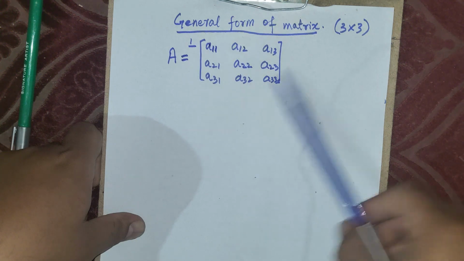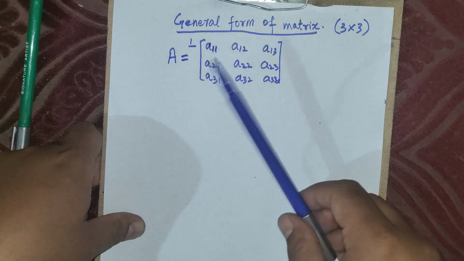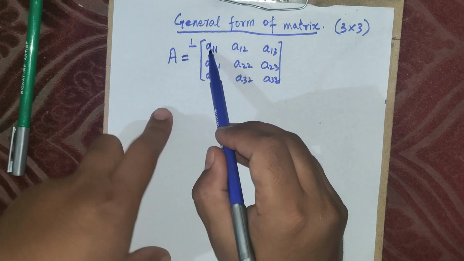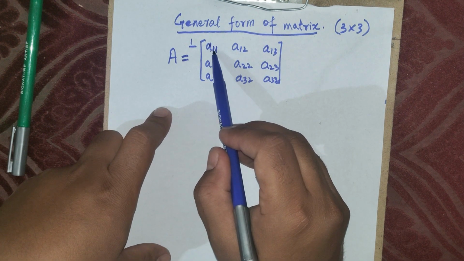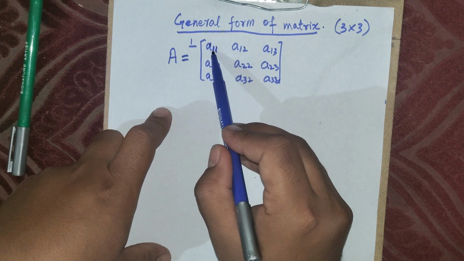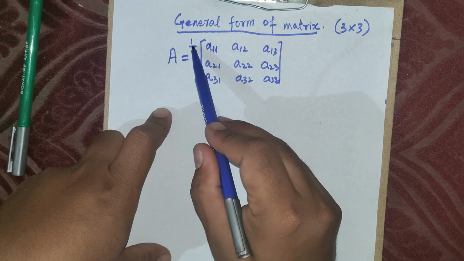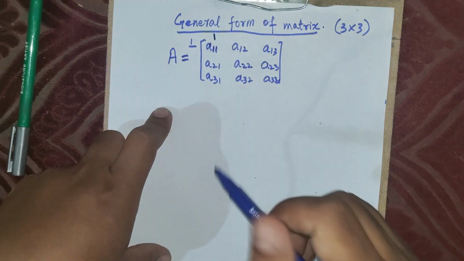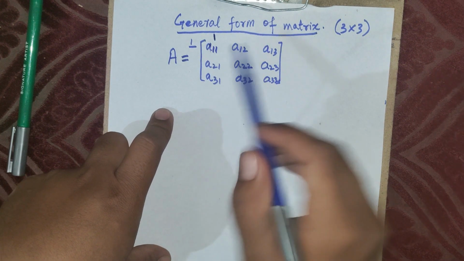I have written this as a general form because this A11 appears at the first row and column number 1. So it is written as A11.